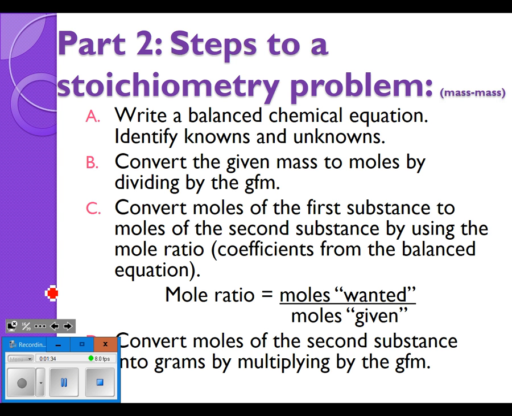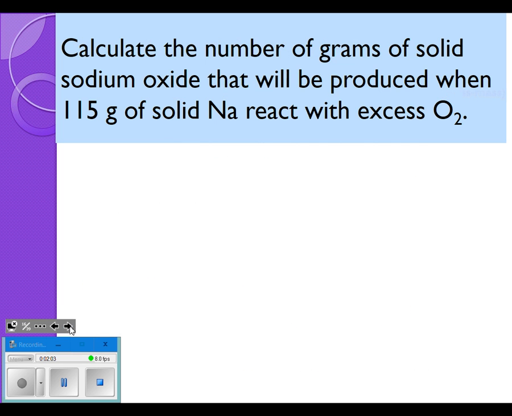And that mole ratio will use the coefficients from the balanced equation. So you'll put the coefficient of moles wanted over the coefficient of moles given, and you'll create that as your next ratio. And then finally, you'll convert the moles of the second substance, or your unknown substance, into grams by multiplying by its GFM. Okay? So, let's do some examples.